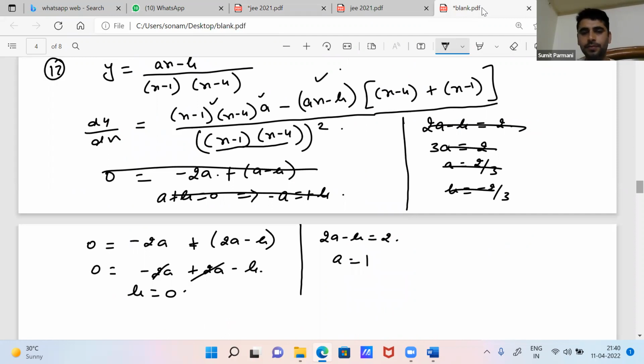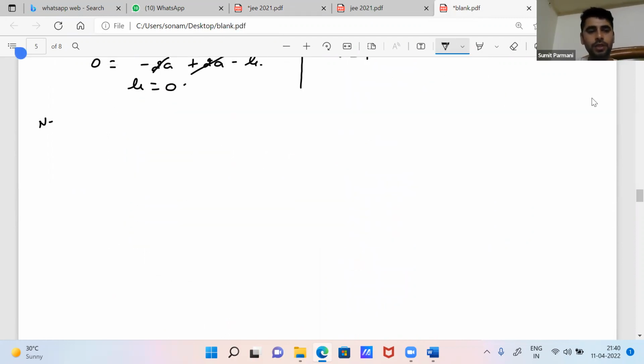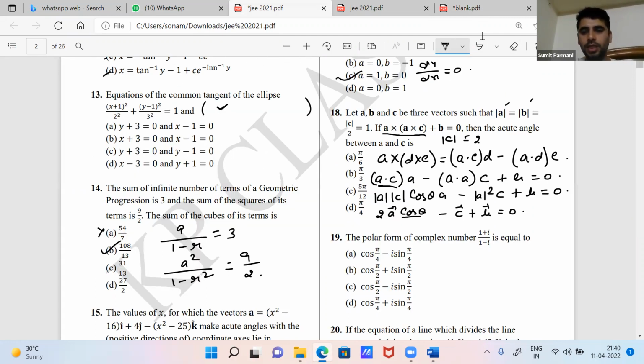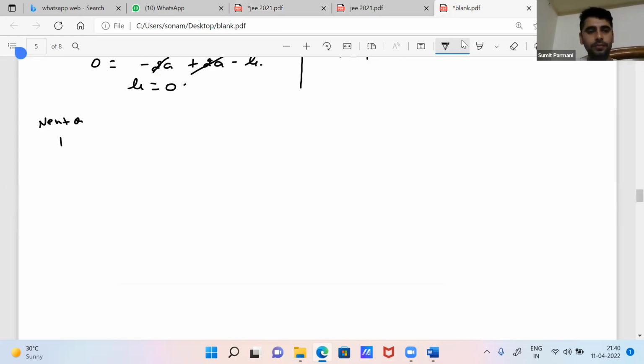Okay, so we can write next, question number 18. 2 cos theta vector a minus vector c equals minus vector b. Take squaring both the sides.